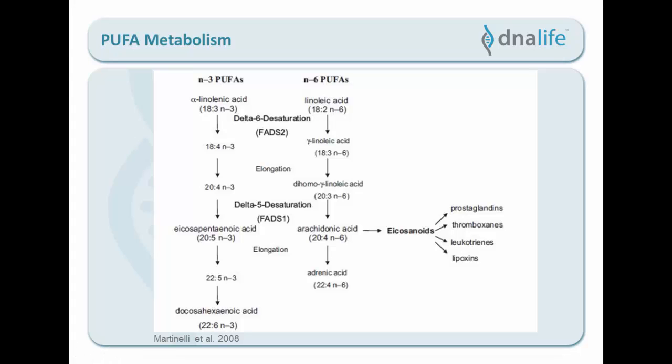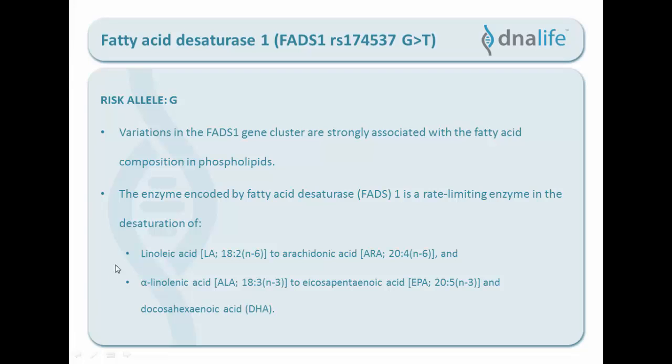And so this is a very important area to understand, and the gene that we're looking at in this area is the fatty acid desaturase 1 or FADS1, and it's a G to T nucleotide change, with the G allele being the risk allele.